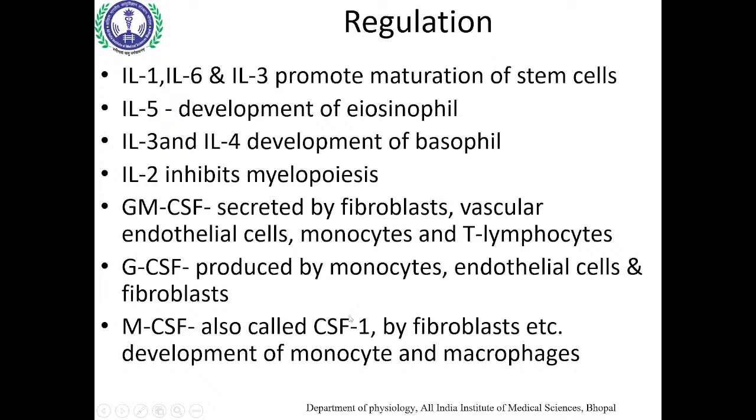So this part I am leaving it to you as a homework, that you will be drawing the entire diagram of that hemopoietic stem cell to formation of different lineages of cells along with the different growth factors, right? Cytokines and everything required for formation of different types of WBCs. So it should be in your notebooks.